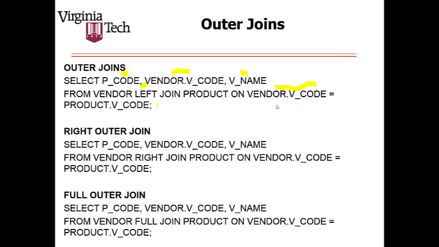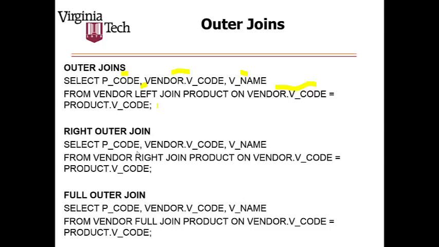Primary key of vendor, foreign key: primary key vendor code of vendor equals foreign key vendor code in product, right? V code. So this is going to give you all the vendors, whether they have any products or not.